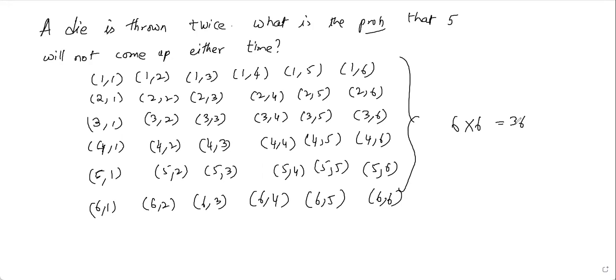So let us consider the following events. A is 5 comes in the first roll, and B is 5 in the second roll.